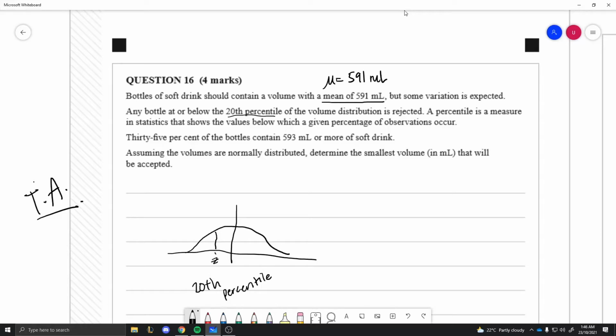Let's just call it z and assume we're using the z distribution, so mu equals 0. Anything below this point is in the 20th percentile, because the area behind it is 0.2 on the graph. It's just that area right there. I'll just erase that. That's just a quick explanation on percentile, in case you've forgotten.